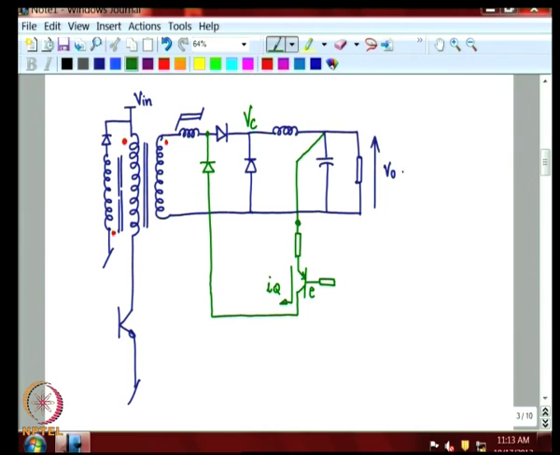Put a resistance and OpAmp, minus plus, and we could have a reference with a Zener, in this fashion.